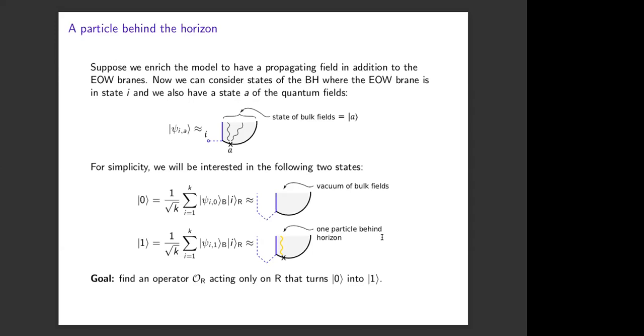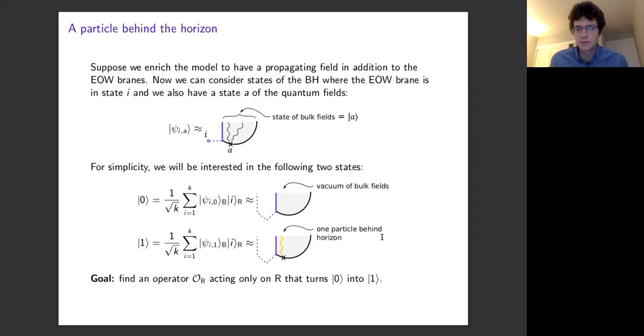Question? Yes? Sorry. So is there a limit in which I can approximate the state psi I comma A with A? So is it like some sort of G Newton going to 0, or some limit in which I can approximate the ket psi I comma A as just ket A? Well, they live in different Hilbert spaces. So this one lives in a completely well-defined Hilbert space.